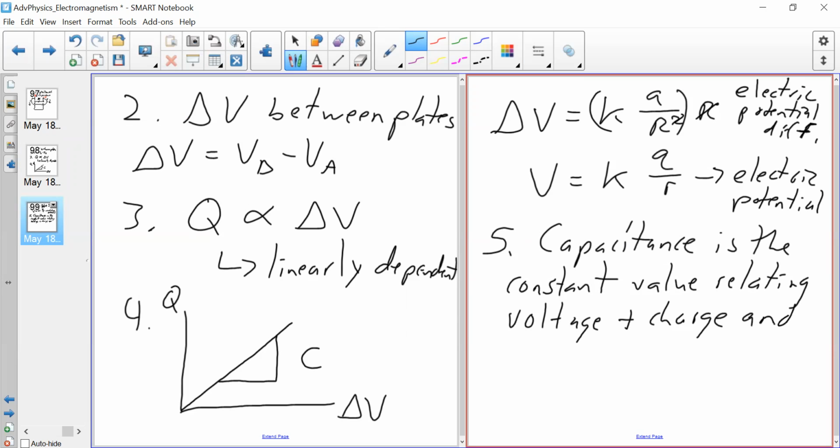And it's always positive. The slope is just a number, a scalar. No negative capacitance. We're increasing voltage as we increase charge, increasing the potential difference. So capacitance is the constant value relating voltage and charge, and it is always positive.